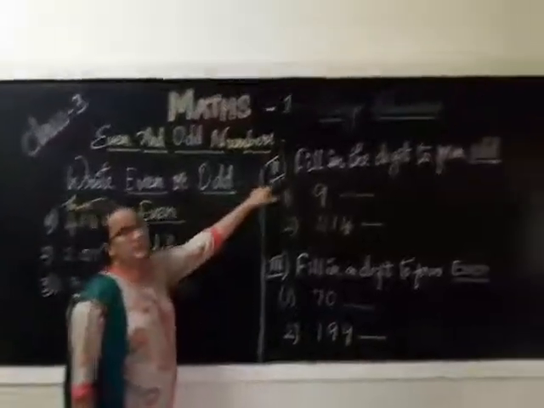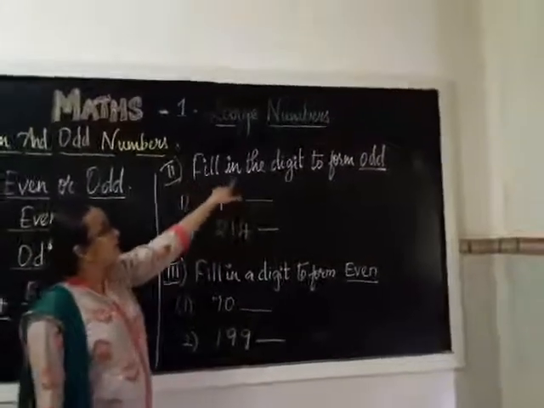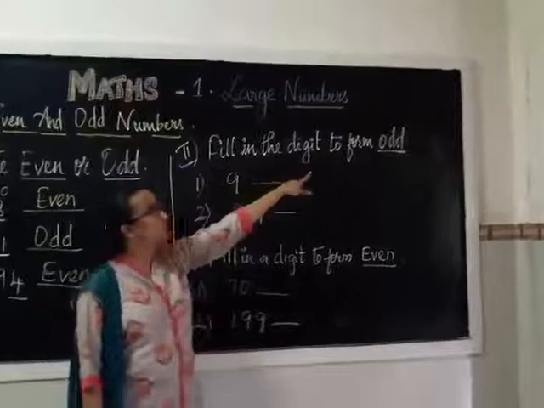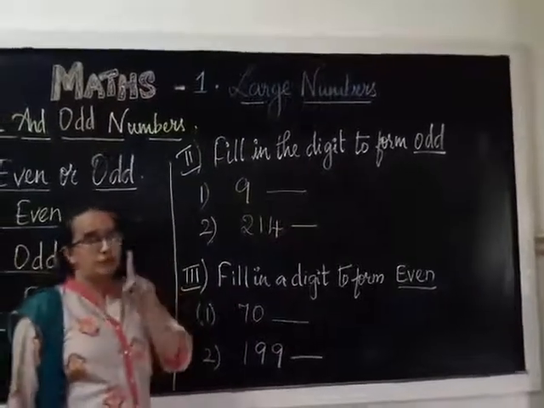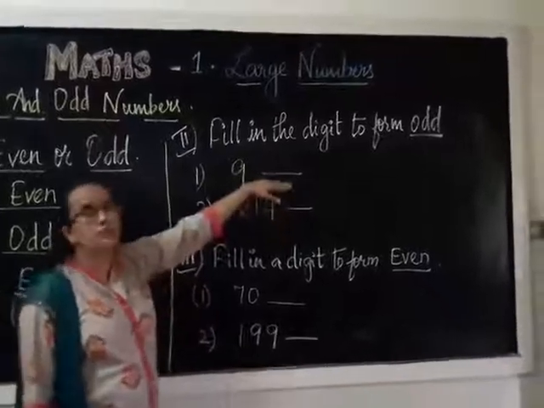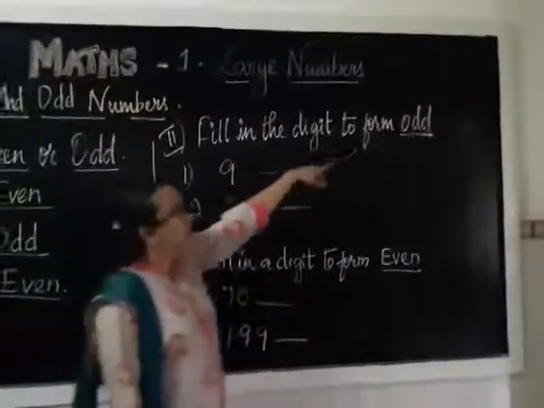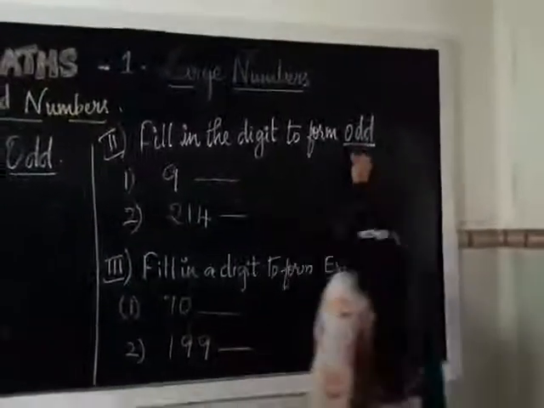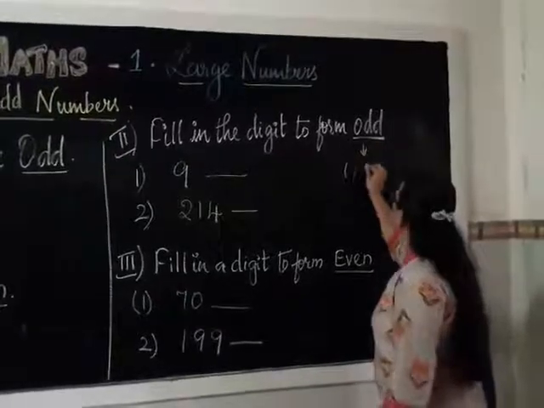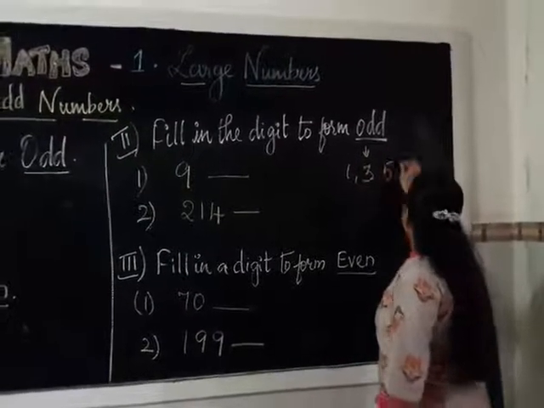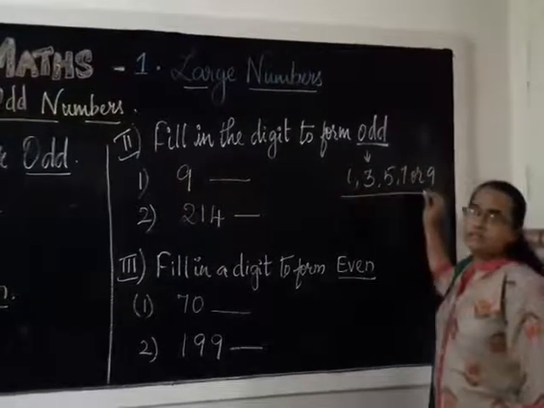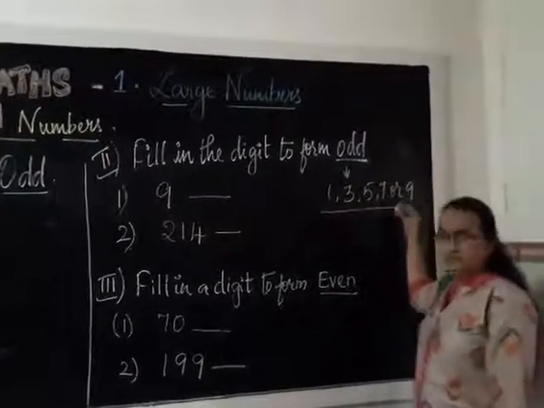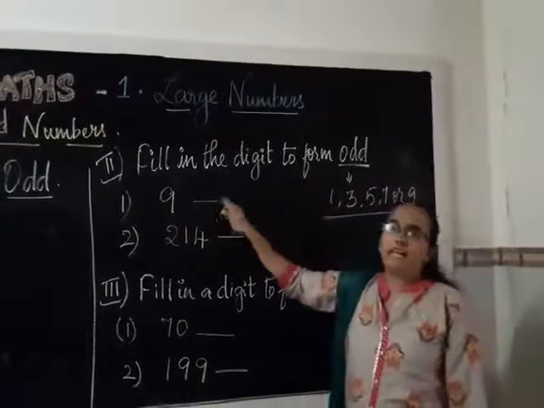Now see children, second question: fill in the digit to form an odd number. So you have to fill in one digit which will form an odd number. We know that odd numbers end with 1, 3, 5, 7 or 9. In these numbers, you can fill any one number.